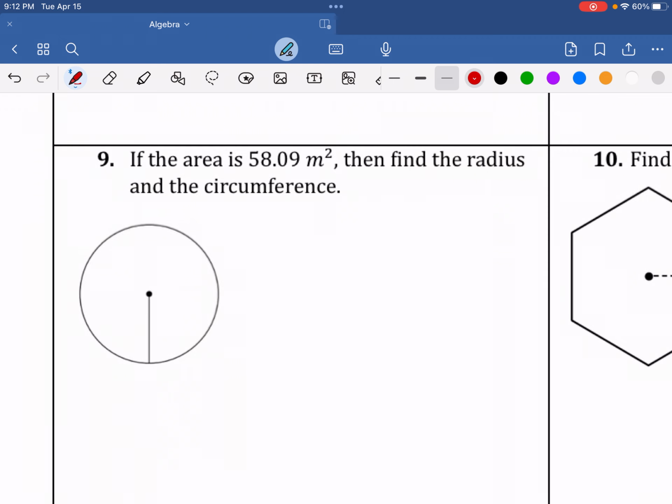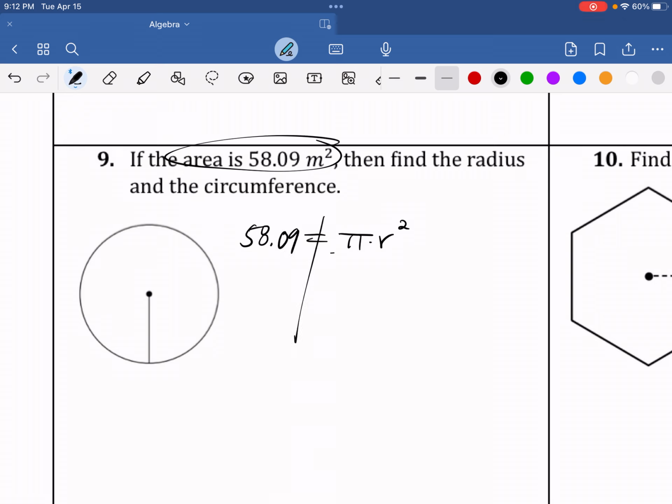The area, if they tell you area, that means you have to start with the formula for area, pi r squared. And where you see an A, you're going to put the answer, 58.09. And then you solve for r.